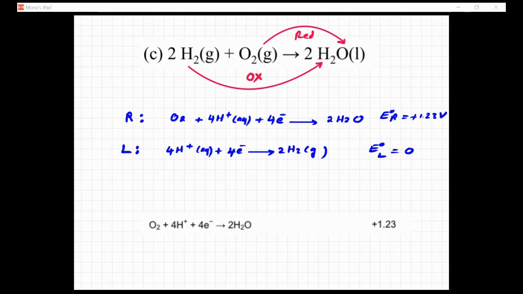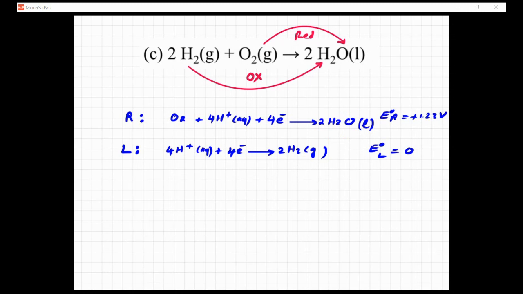And then on the right, I have O2 plus 4H+ plus 4 electrons giving us 2H2O, which is liquid. So this is what we need.